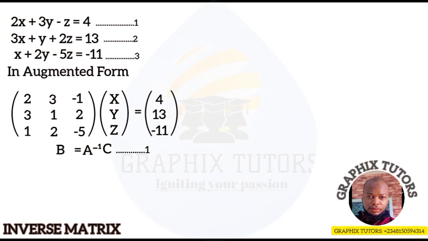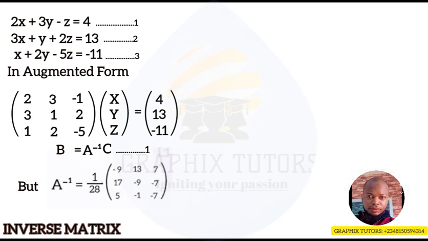It will take you to where you will see how you can find the inverse of A. So from the previous video, the inverse of A is given as 1 over 28 scalar multiplying the matrix minus 9, 13, 7, 17, minus 9, minus 7, 5, minus 1, minus 7, right?